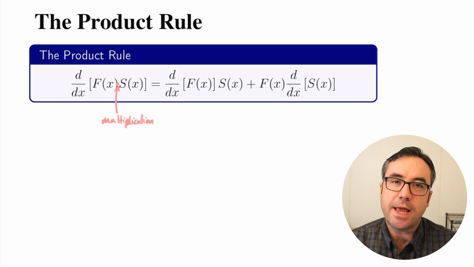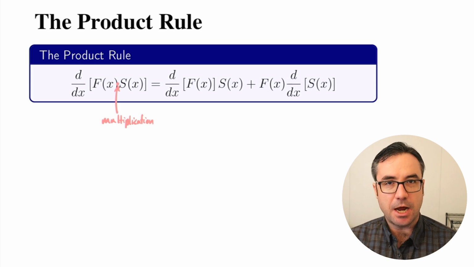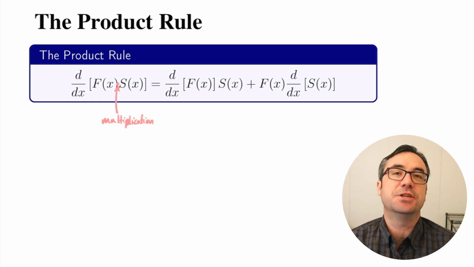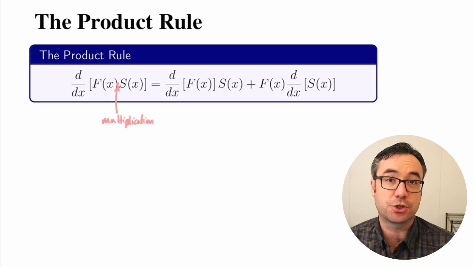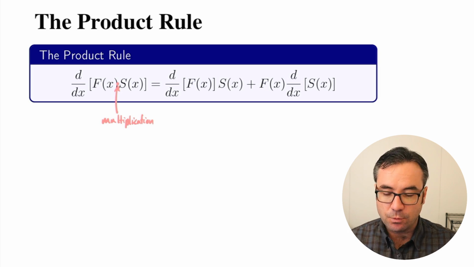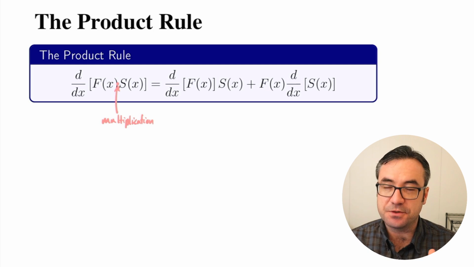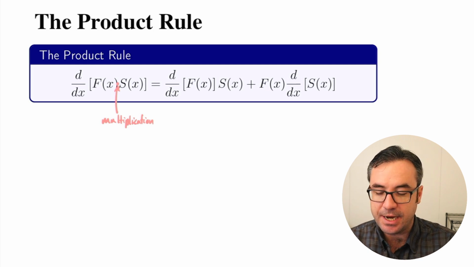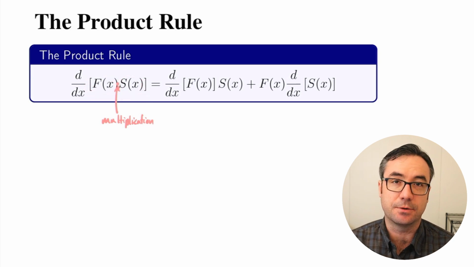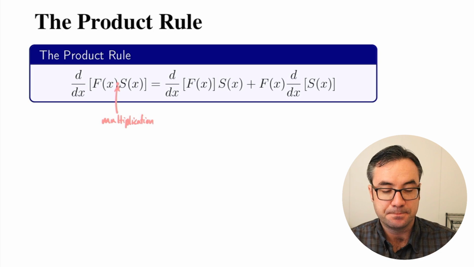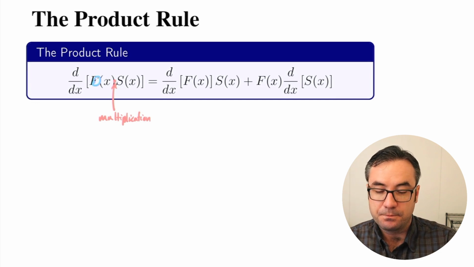Unfortunately, multiplication doesn't play as nice with derivatives as addition and subtraction, and that's why we have this special rule. When we look at the function we're trying to differentiate on the left side, we have a product of two functions of x.